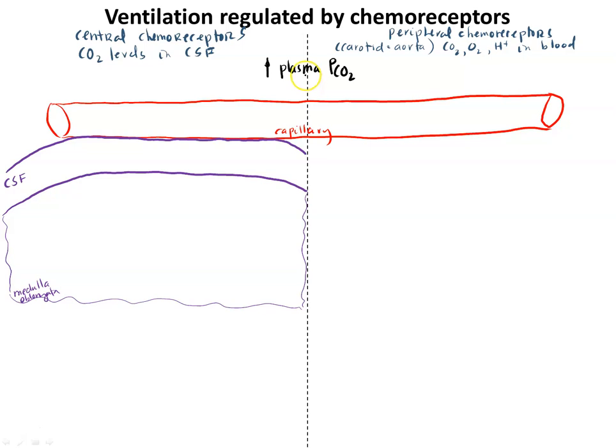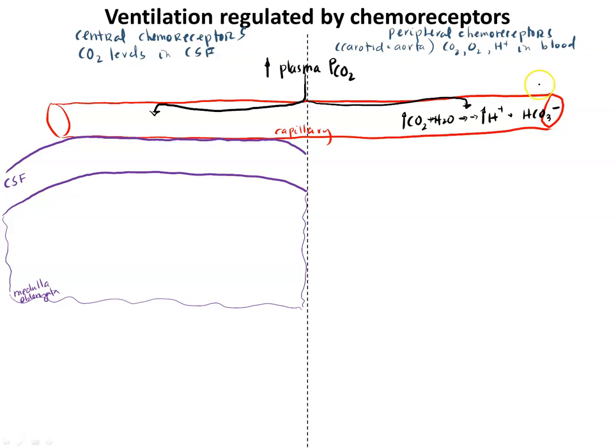Now, this increase of partial pressure is going to be in the capillary bed, both in the periphery and in the central nervous system. Whenever you get CO2 in water in the body, CO2 plus water, we are going to make hydrogen ions, because it dissociates, and then I'm going to have my buffer, HCO3 negative.